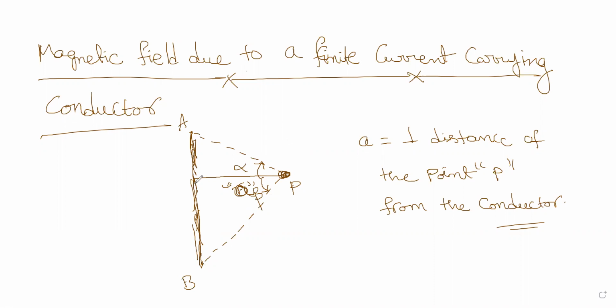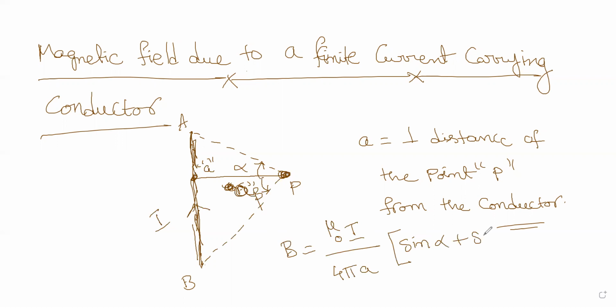This is a finite conductor and we choose some point P at a perpendicular distance of A from the conductor. The magnetic field at the point P, because of this conductor in which the current flowing is I, is given by B is equal to mu naught I by 4 pi A into sine alpha plus sine beta. This formula you have to remember.